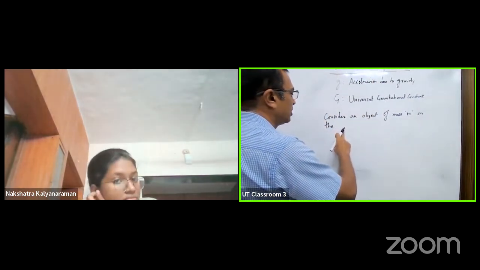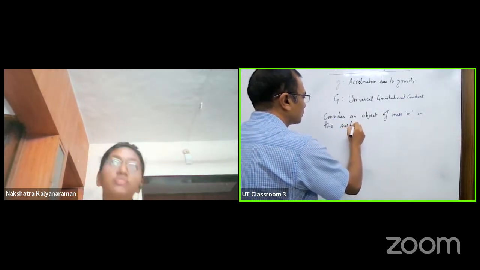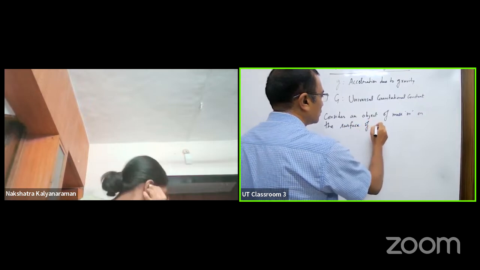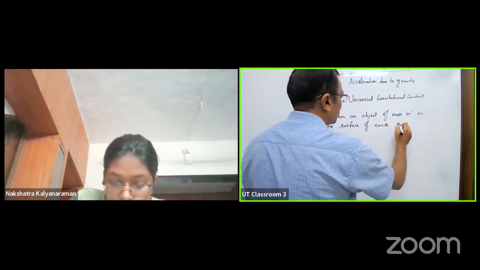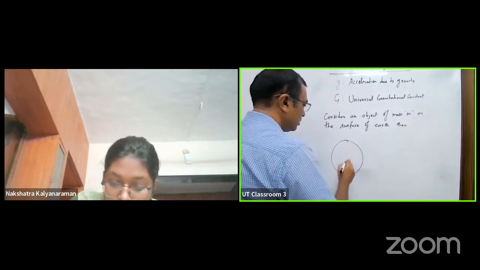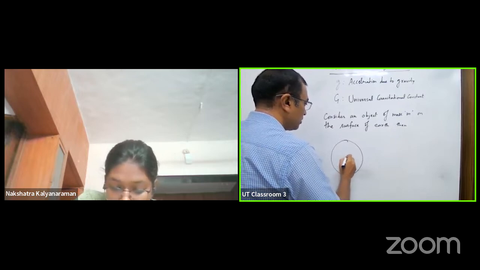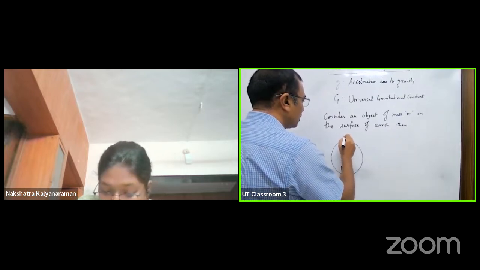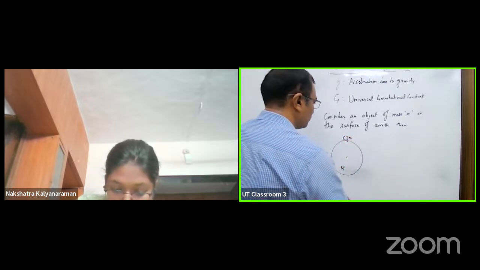Consider an object of mass m on the surface of Earth. So suppose this is Earth. Capital M is the mass of Earth, and you have a small object of mass m kept on the surface of Earth.